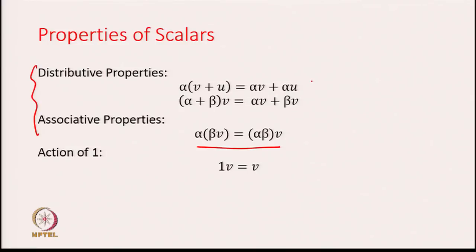Moreover, we should also have a unit vector. What is a unit vector? A unit vector is a vector by which if you multiply any vector, you get the same vector. So, there must also exist a unit vector. In short, we can say a vector space is a space where vector addition is defined and scalar multiplication is also defined, and these are defined in such a way that the properties that we have listed out are satisfied.